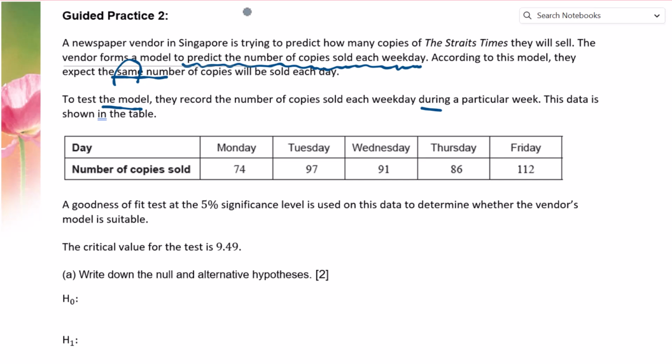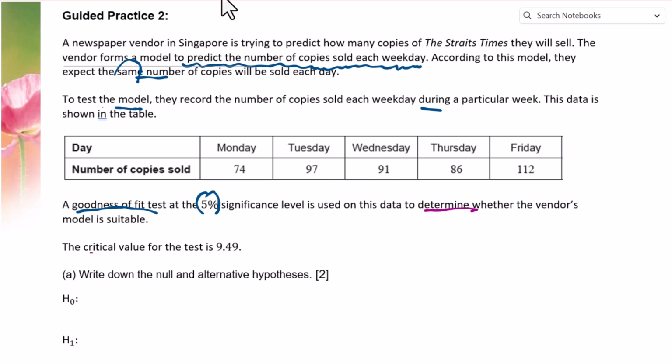A goodness of fit test at 5% significance level is used on this data to determine whether the vendor's model is suitable or not.